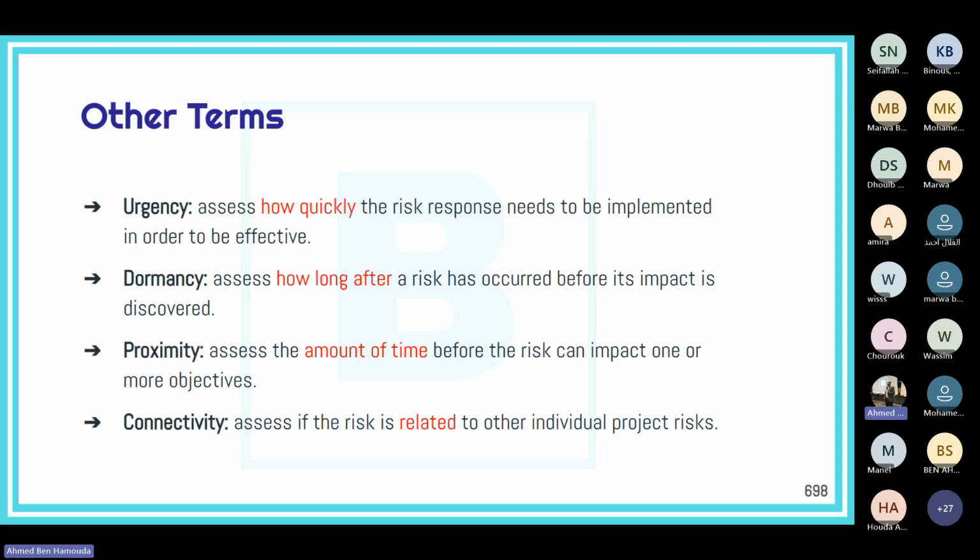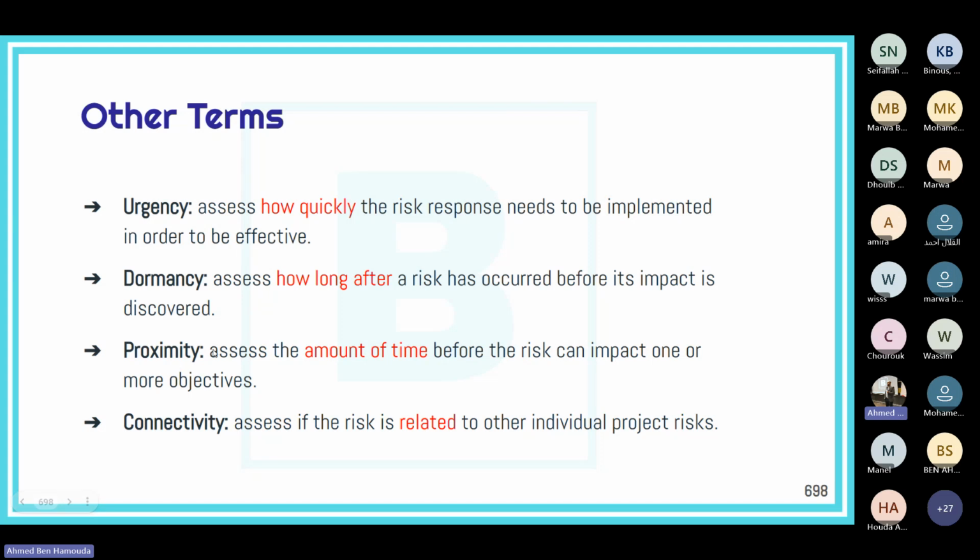When management asks to wait, we're trying to see how proximate the risk is. So there is the risk urgency, and there is the risk proximity. I'll skip the second one and go back to it later.